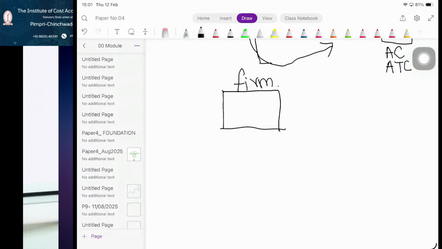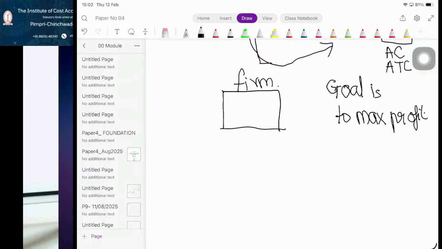We have seen that the firm's goal is to maximize profit, and you all know profit is simply the difference between total revenue and total cost.